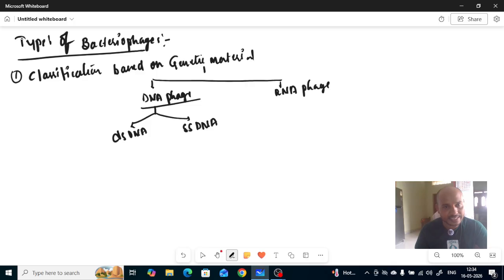For double stranded DNA phages, the best examples are T even bacteriophages, which contain double stranded DNA as their genetic material.